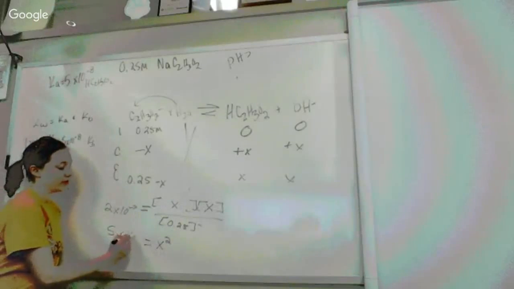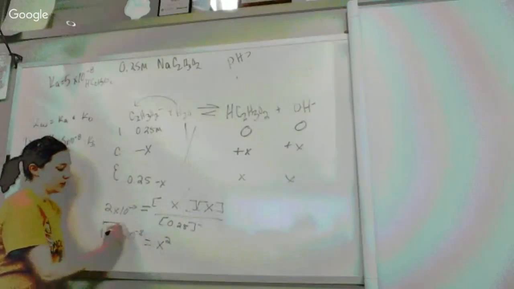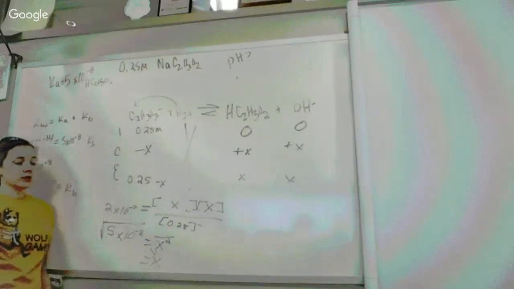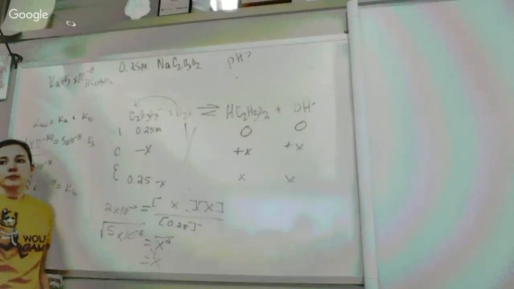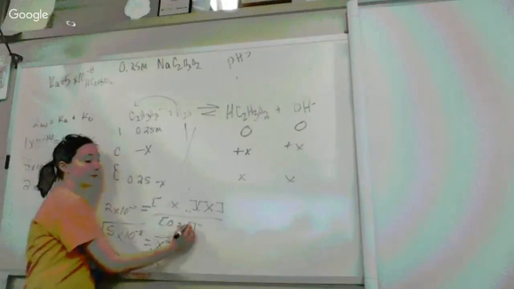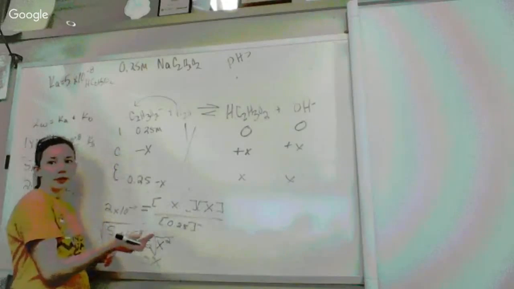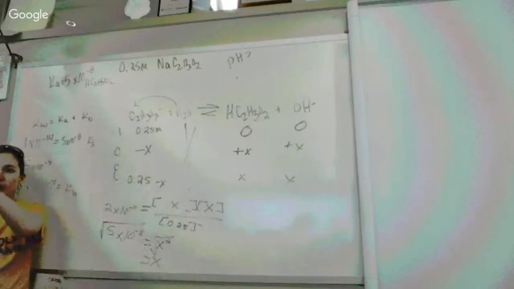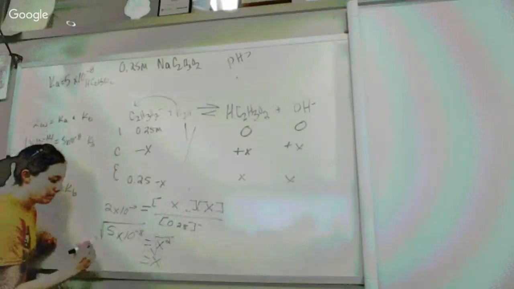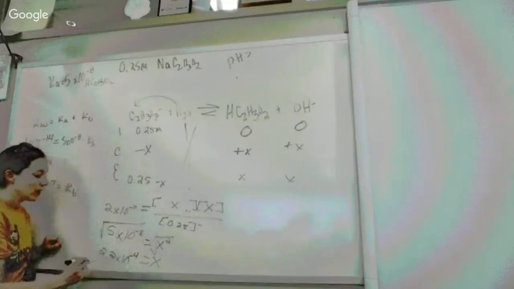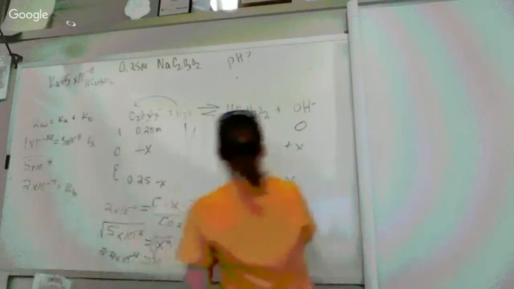And then we take the square root of both of those. No, I can't cancel it, because here it's 0.25 minus x, not times x, but I did just drop it anyway because it's not going to make that big of a difference. I'm sorry, what did you say? Times 10 to the negative 4th. Okay, so this would be my x, which remember are both of these.